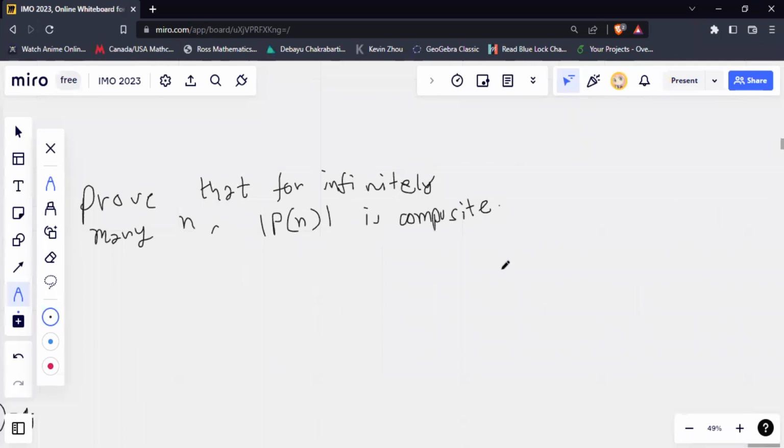This is not too hard. Like definitely not harder than an IMO P5.